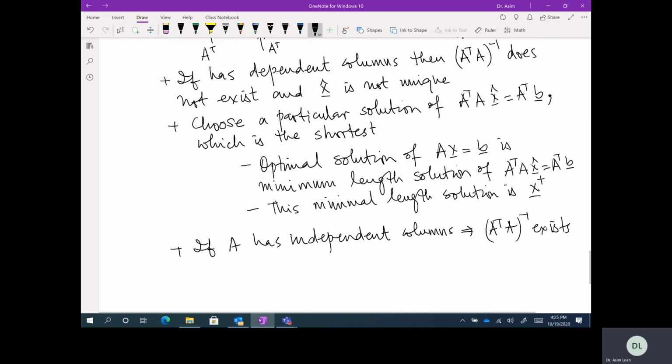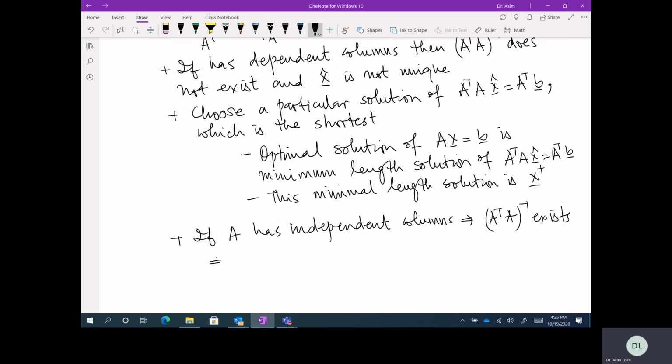So if this exists, then A transpose A X hat equals A transpose B has a solution, X hat equals A transpose A whole inverse A transpose B, right?